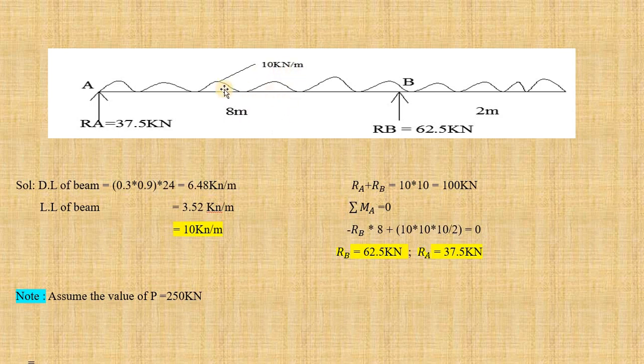The load is acting in a clockwise direction, so it is 10 into 10 into 10 by 2. Here this is because of the moment, but for the load it should be only 10 into 10. After calculation I will get the values as RB 62.5 kilonewton, RA 37.5 kilonewton.